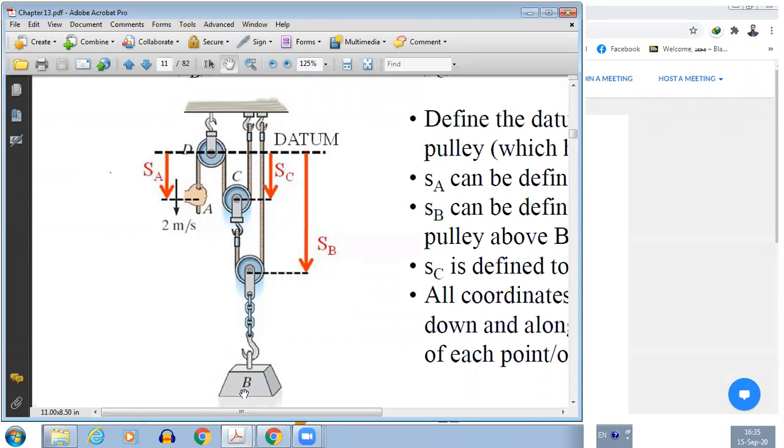Okay, so anything moving towards the datum is negative. Anything moving away from the datum is positive. Now tell me, when it is said that A is moving down, A is pulled down, and it's written VA is 2 meter per second, do you think this 2 meter per second is positive or negative?